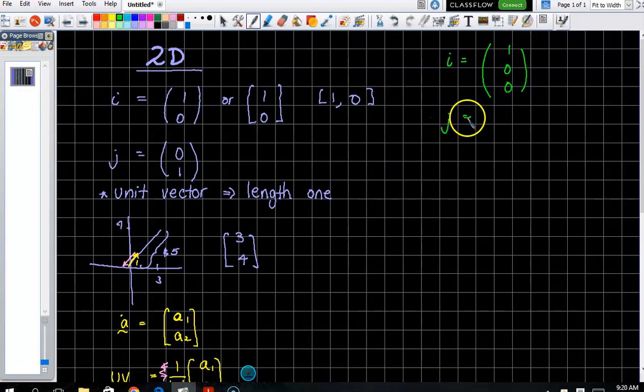Then we've got j, which would be (0, 1, 0). And you guessed it, k.